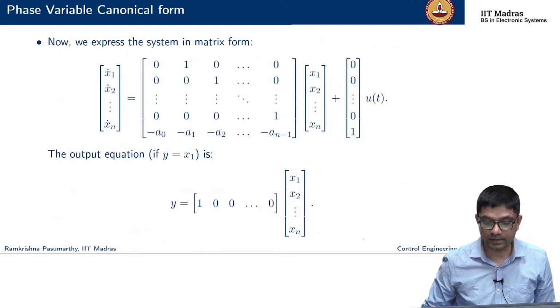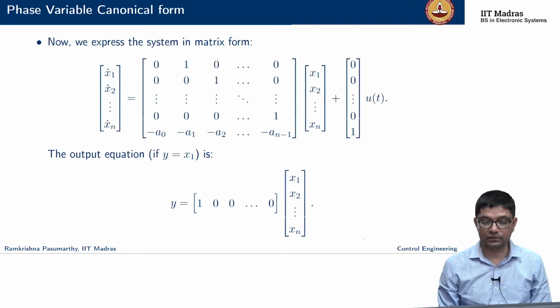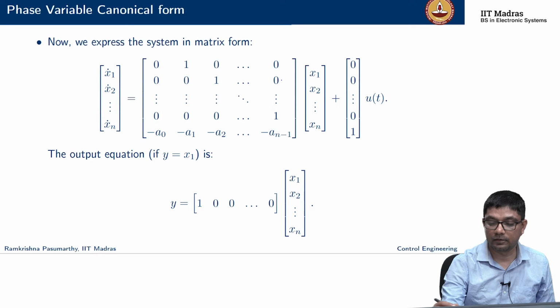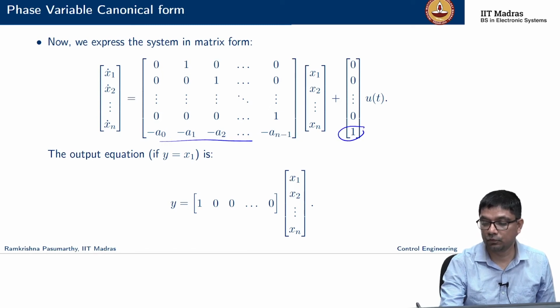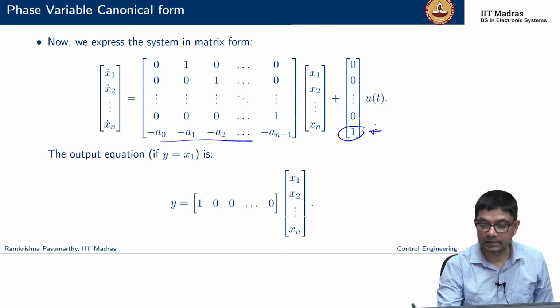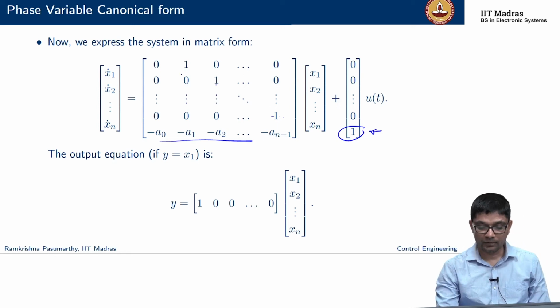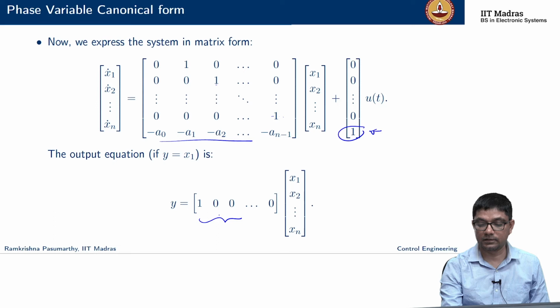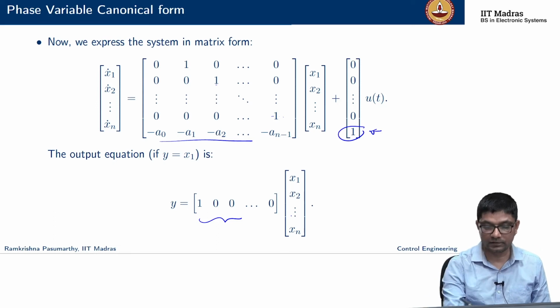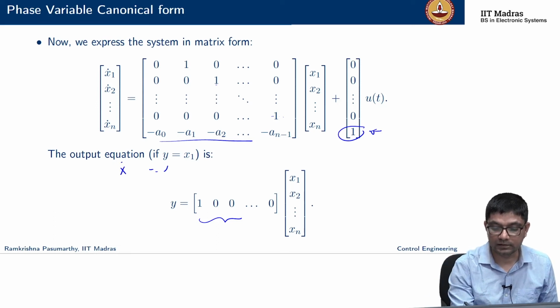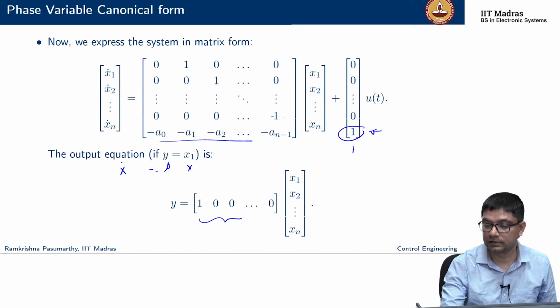So in the state space, I can write this as x1 dot is x2, and in a matrix of this form which only has entries on the last row, and u affects the last term xn dot, but it also affects the other terms through these ones here. If y equal to x1, then y is just 1 0 0 0 times the state. So this is my x dot is A times x, this is B times u, this is C, and this is x.